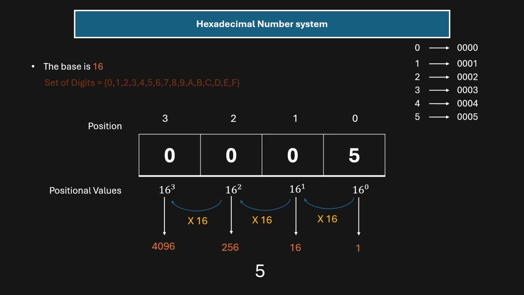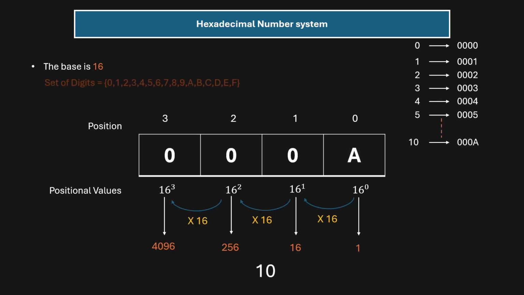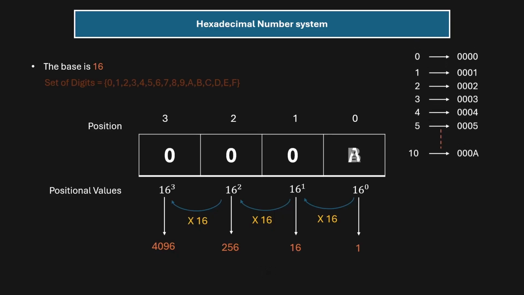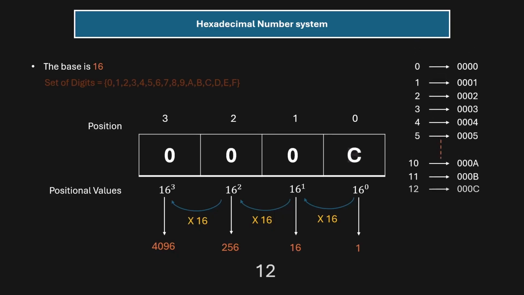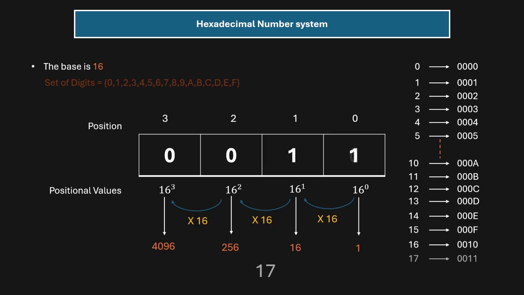But for the numbers, 10 is equal to A, 11 is equal to B, 12 is equal to C, 13 is equal to D, 14 is equal to E, 15 is equal to F, 16 is equal to 10, which means we have one 16 and zero ones. 17 is equal to 11, which means we have one 16 and one one.